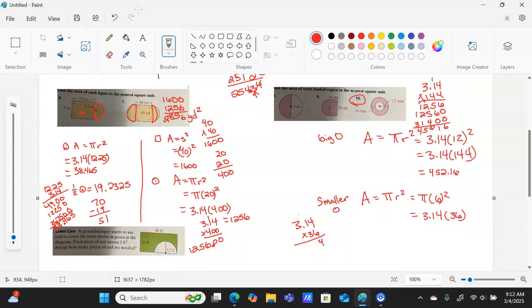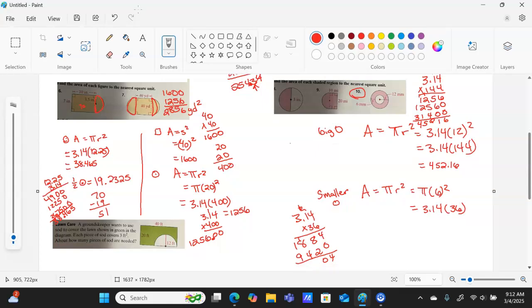Carry the 2. 6 times 1 is 6, plus 2 is 8. 6 times 3 is 18. 3 times 4 is 12. Carry the 1. 3 times 1 is 3, plus 1 is 4. 3 times 3 is 9. 10. Carry the 1. 13. Carry the 1. 11. So 113.04.